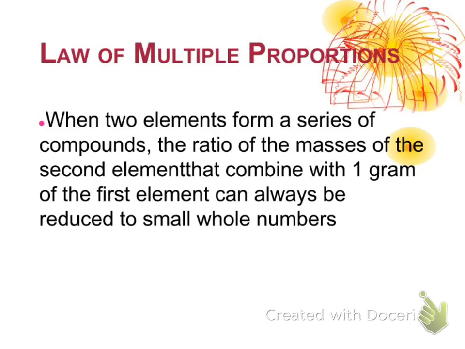Does that make sense? The first one's 1, then the second weights, when we compare the second weights of 2 different compounds, are always going to be ratios of whole numbers. And that's about it. Okay? Now, this might be repeated here, so wait before you write something down.